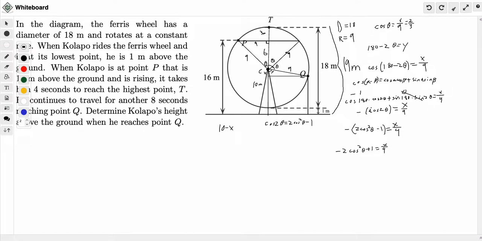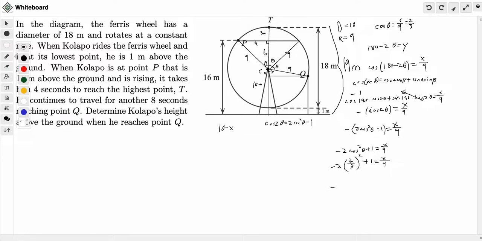And now I can substitute this from the beginning, which was cosine of theta is equal to 2 over 3. You see cosine of theta is right here. So if we plug that in, minus 2 times 2 over 3 squared plus 1 equals x over 9.